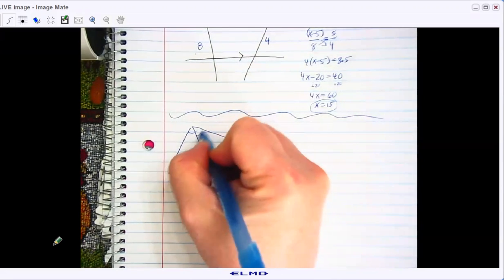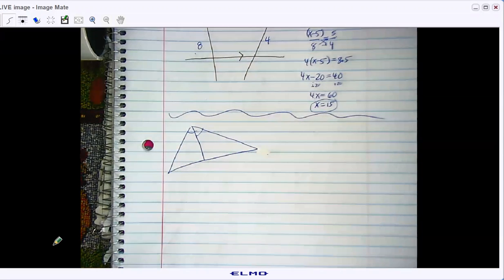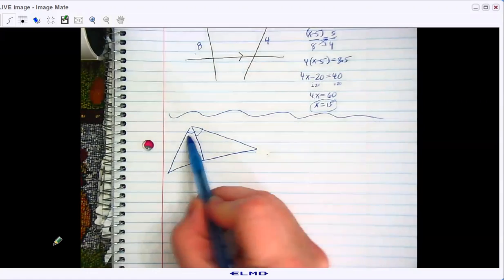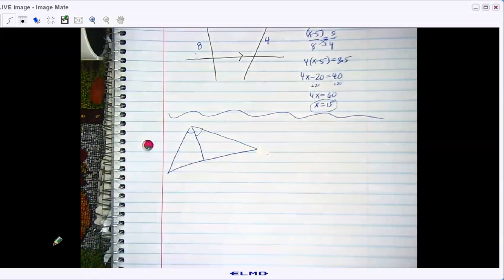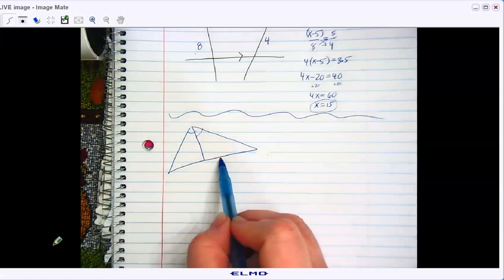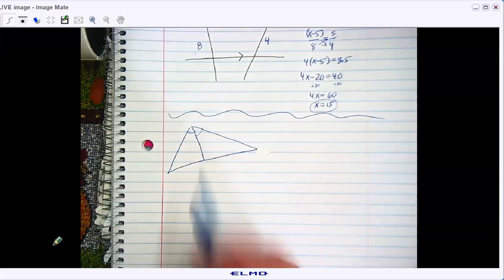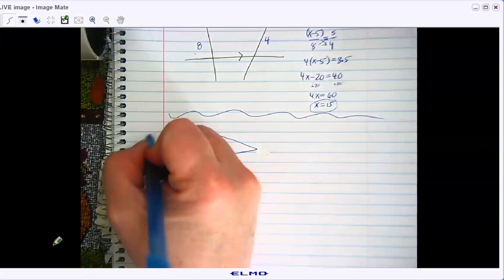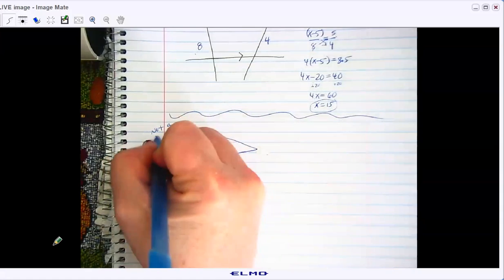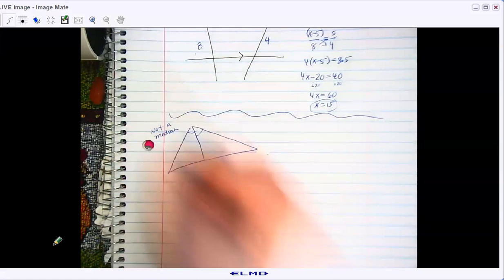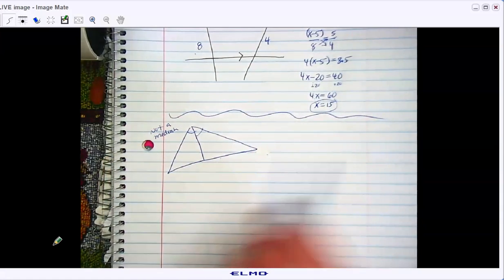This angle equals that angle. That does not mean that this part equals that part. Not at all. This is not a median. A median would make this part equal that part. It is not that.